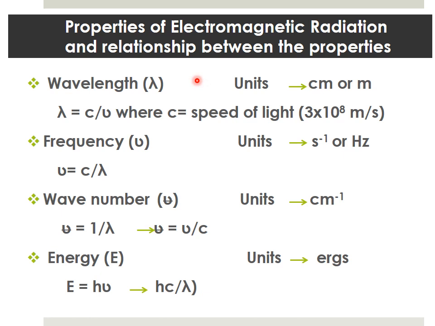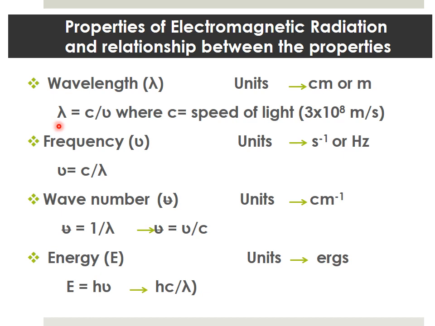More about the properties of electromagnetic radiation and their relationships: we have just discussed wavelength lambda, represented by this Greek symbol, and its units are centimeter or meter. The units used for wavelength depend upon the electromagnetic region we study. For example, in the case of UV, that is ultraviolet and visible region, the wavelength used is nanometer.